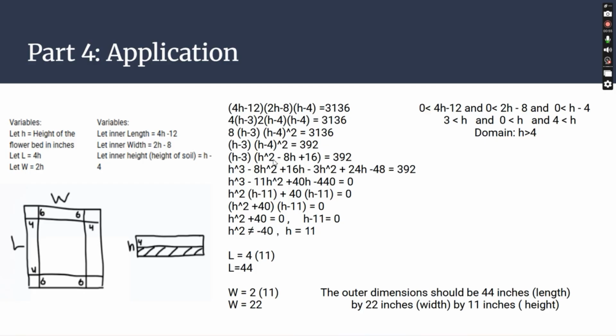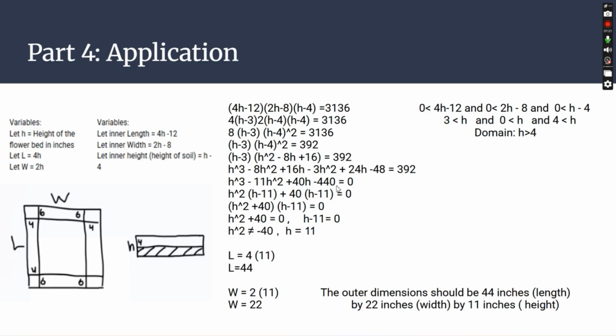Dividing both sides by 8 gives us quantity h minus 3 times quantity h minus 4 squared is equal to 392.